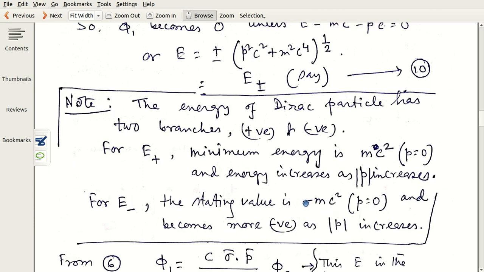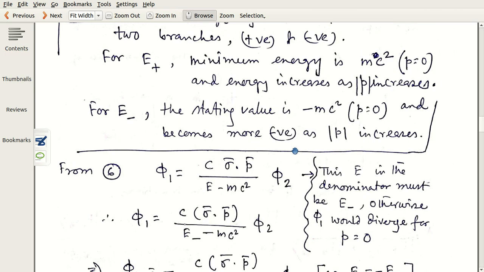For the free particle, the negative energy is minus mc square, and if your mod P increases in any direction, the negative energy becomes more negative. That's a very striking feature of this calculation, but still we have to go ahead with it.